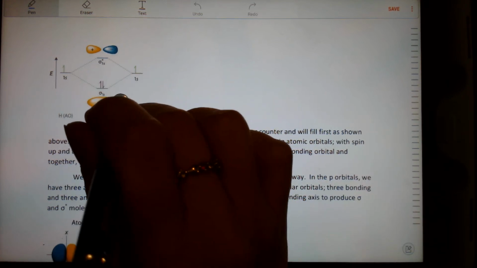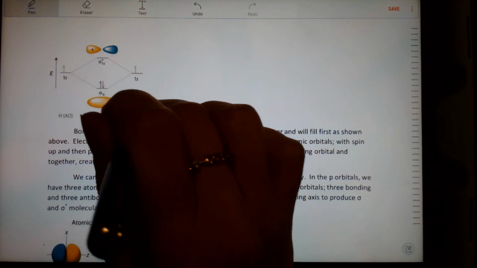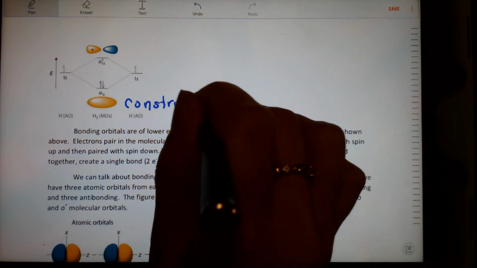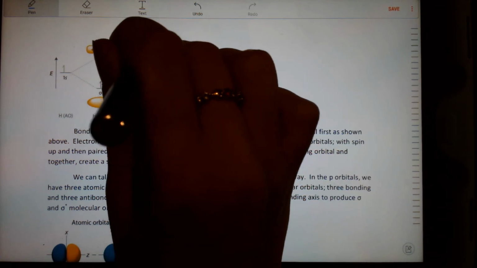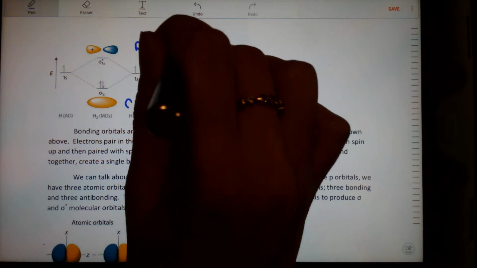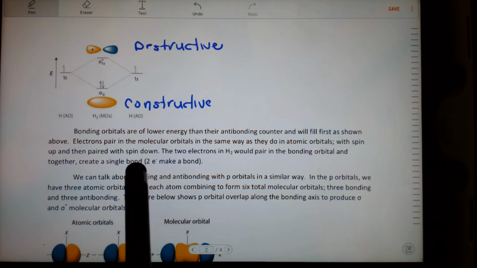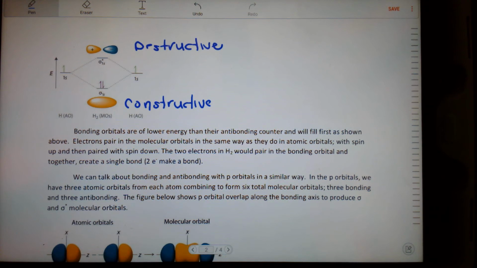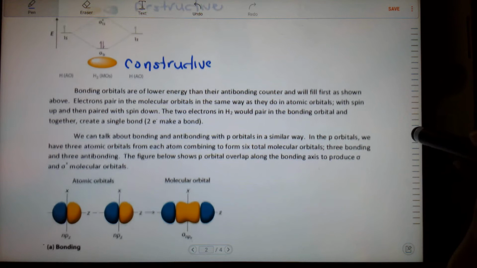Again, this one represents constructive, and this one up here is destructive. And so we have constructive and destructive interference. So if we get more electrons in constructive, it's going to result in bonding.